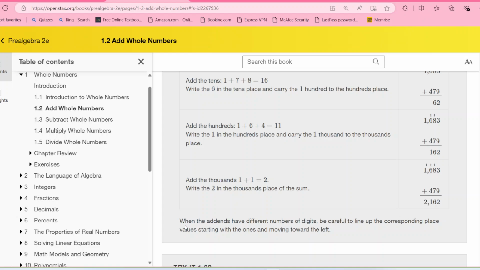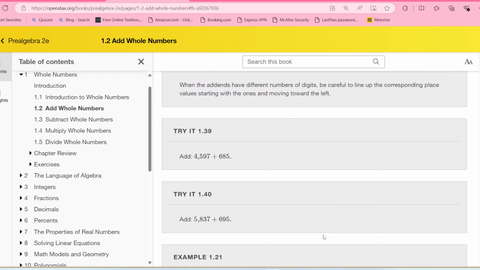I do warn you, when the addends have different numbers of digits, be careful to line up the corresponding place values, starting with the ones and moving toward the left. Make sure you're lining them up properly.